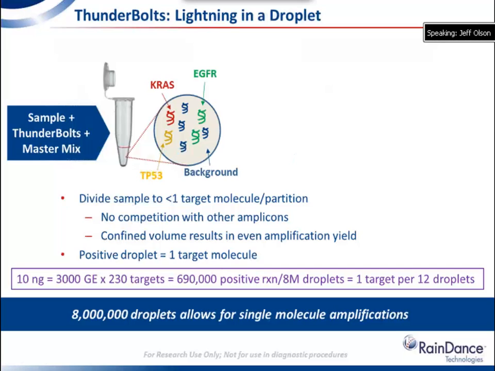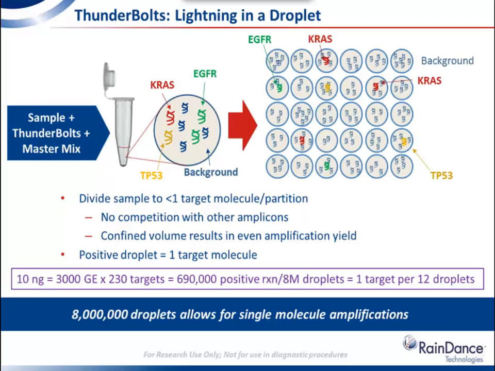So as mentioned above, the RainDance source can take a sample and divide it into millions of droplets. For the ThunderBolts application, we start out with 40 microliters, which contain the sample DNA, the ThunderBolts Cancer Panel primers, and the PCR reagents. And you go on to generate 8 million droplets. So you can see this. What this does is divide up the target molecules, and here we'll say KRAS, EGFR, TP53, and others.